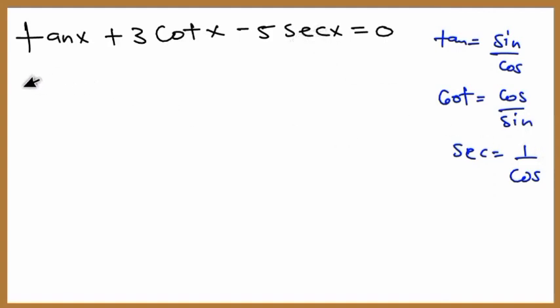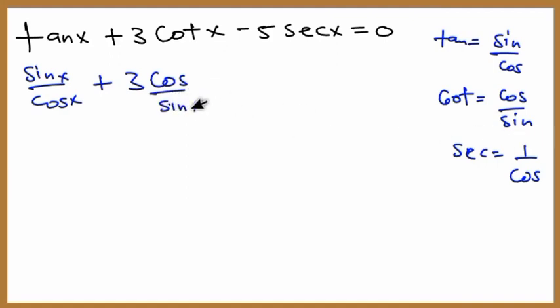So you have sin x divided by cos x plus 3 cos x divided by sin x minus 5 times 1 over cos x equals 0.